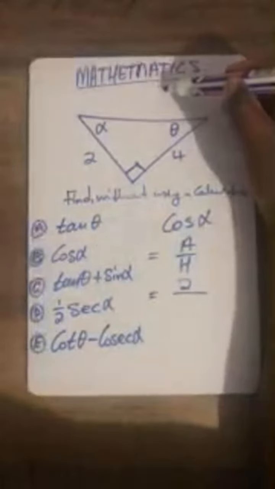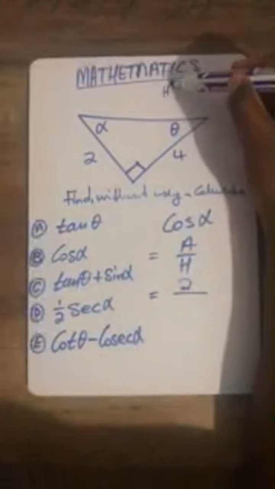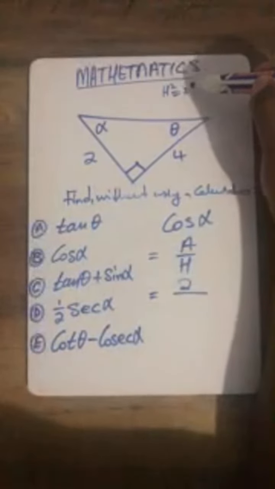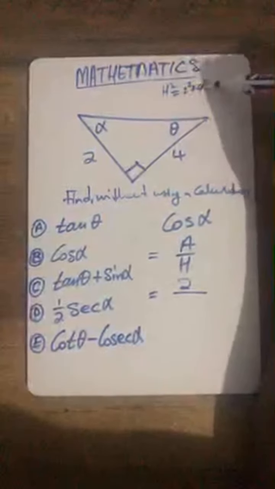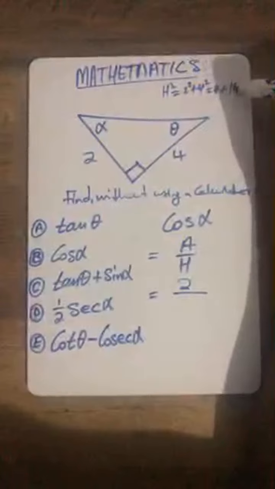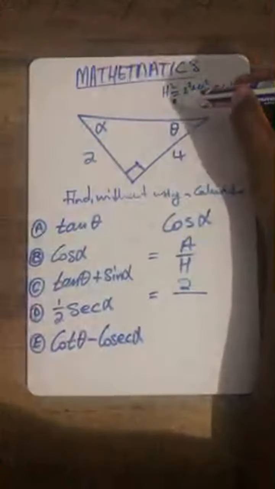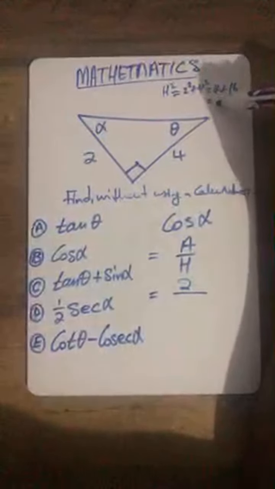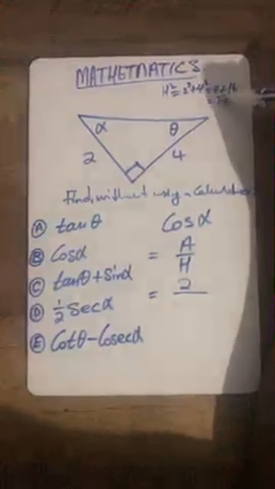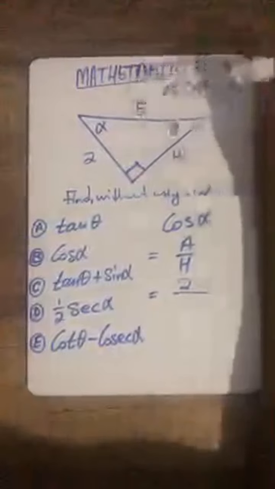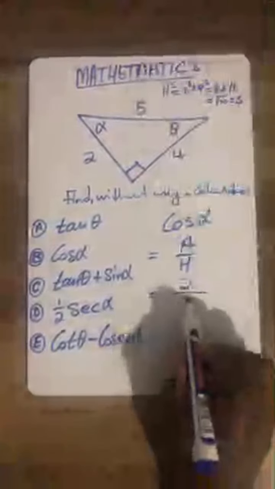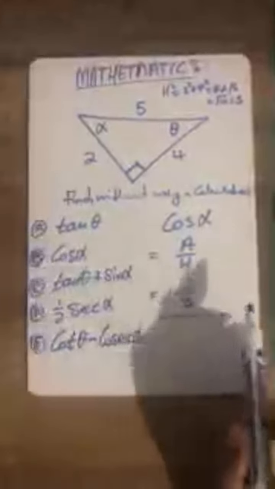We don't have the hypotenuse, so we need to quickly find it. Our hypotenuse squared will be equal to 2 squared plus 4 squared, which is 4 plus 16. That will end up being square root of 25, which is equal to 5. So our h is 5 there. So this one of b is 2 over 5.